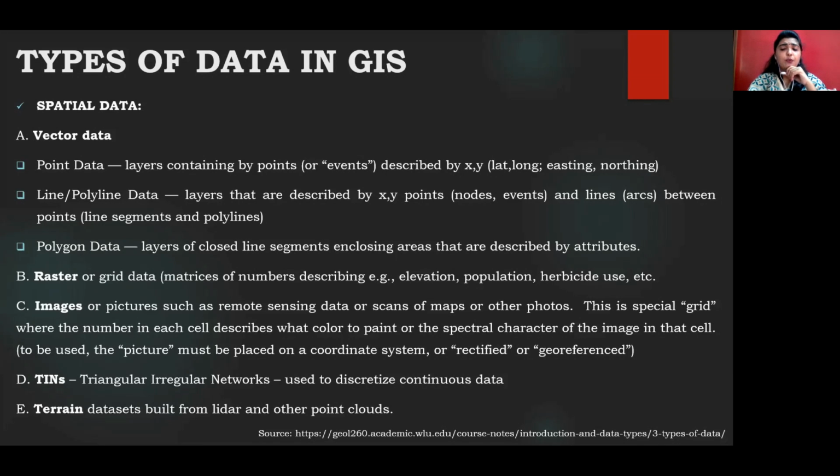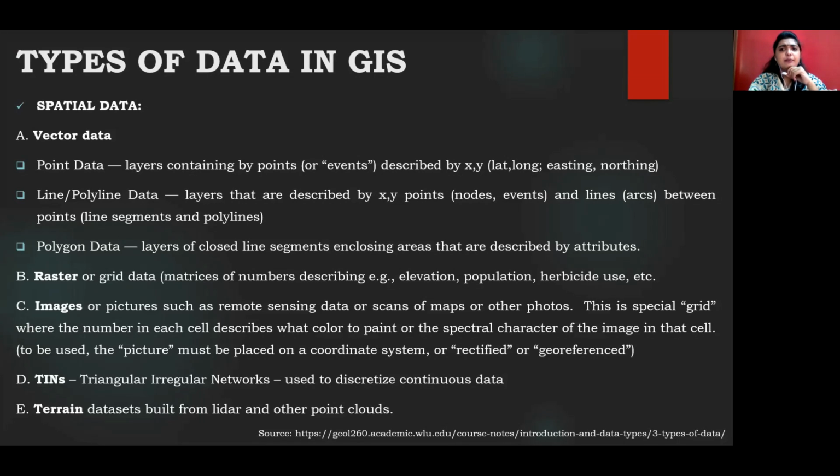So let's look into what type of data is spatial data and what comes under spatial data. Spatial data can be represented in the form of vector data, raster data, images, TINs, which is triangular irregular networks, or in terms of terrain datasets.